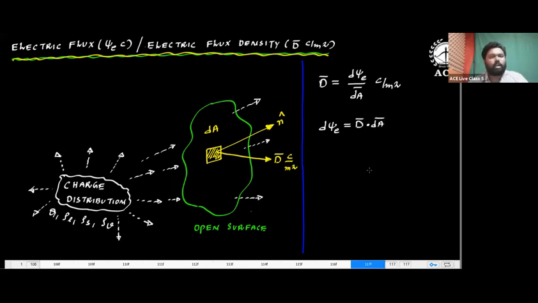If you want to find out the overall flux, you need to perform a surface integral of D dot dA. Remember, there is no concept here. It's purely a mathematical equation. If you know the flux density and want the total flux, just perform the surface integral. That's all it is.